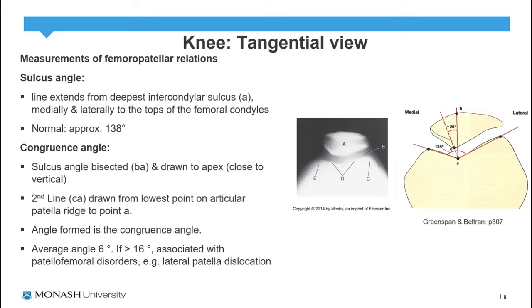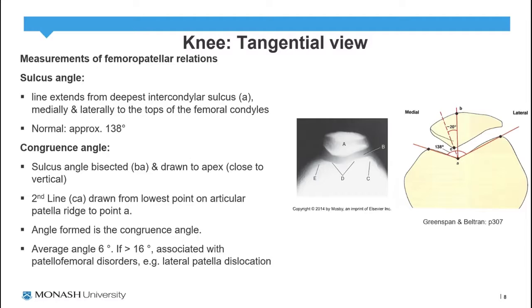The congruence angle is measured by the sulcus angle being bisected. So BA on that diagram on the right is then drawn to the apex of the patella, and it should be as close to vertical for normal. A second line CA is drawn from the lowest point on the articular patellar ridge to point A. The angle that is formed is the congruence angle.